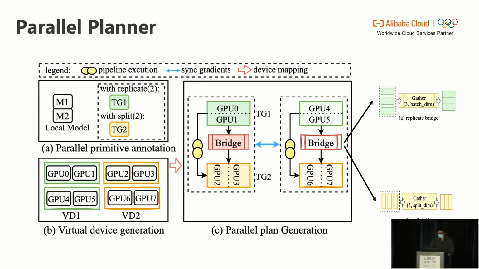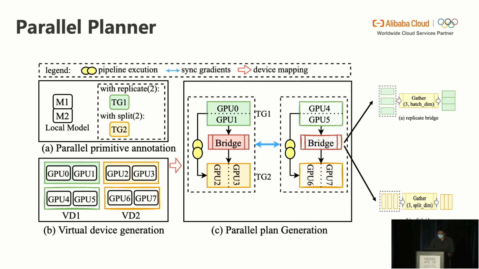The parallel planner is responsible for producing an efficient parallel execution plan, which is the core of the WHERE runtime. The parallel planner takes a local model with optional user annotation, computing resources, and optional configurations as input. The virtual devices are generated automatically given computing resources and optional annotation. After that, the model is partitioned into task graphs, and the task graph is further partitioned internally if split is annotated.